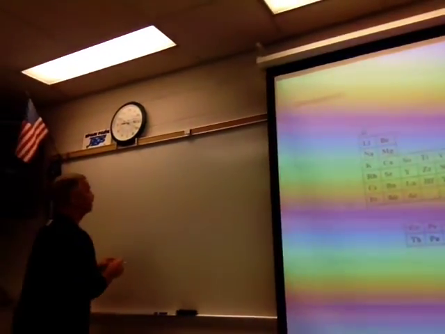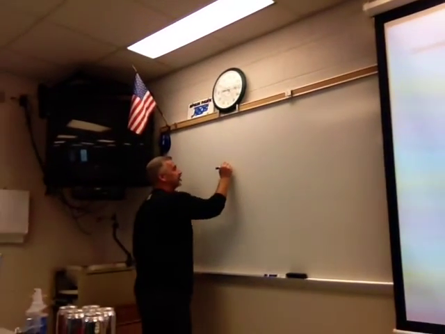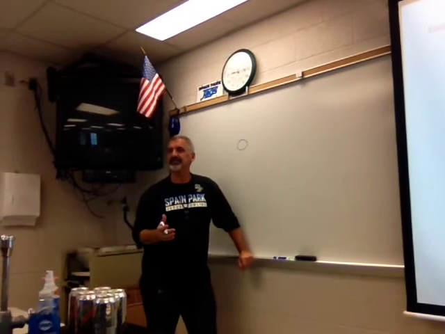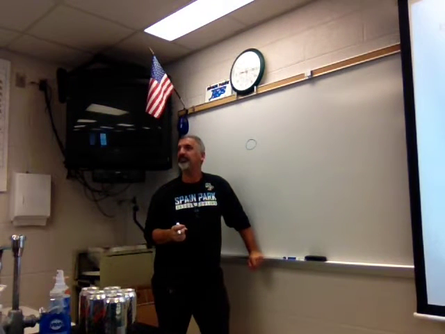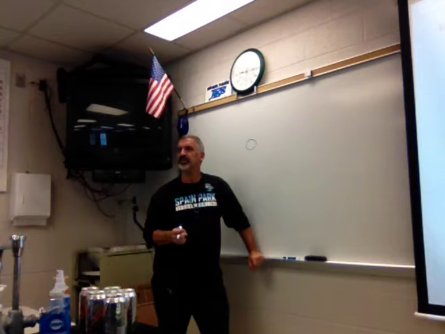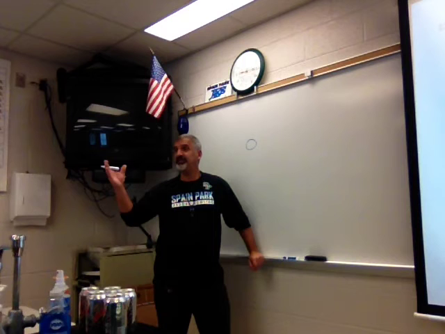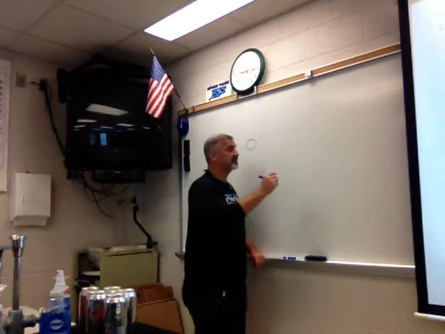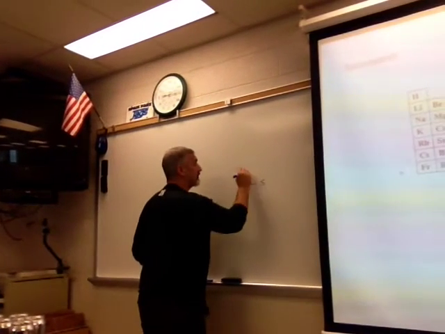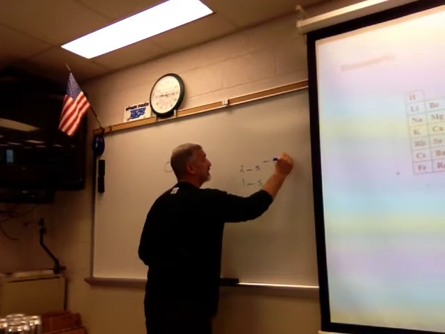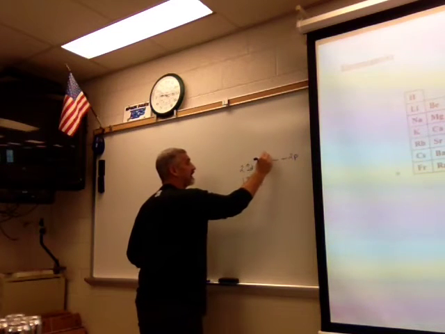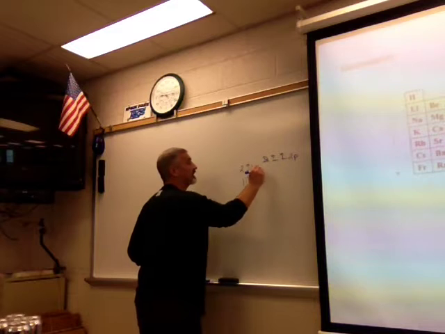So, what does that mean? If we have oxygen, oxygen has how many valence electrons? What family is it in? It's in family 16, right? It's got 4p, but remember the valence electrons, it's going to be 1s, 2s, 2p. 1, 2, 3, 4, 5, 6, 7, 8 electrons.